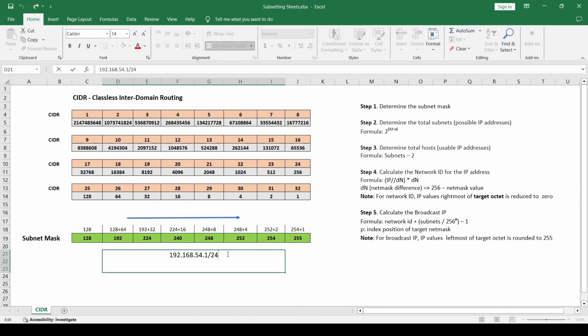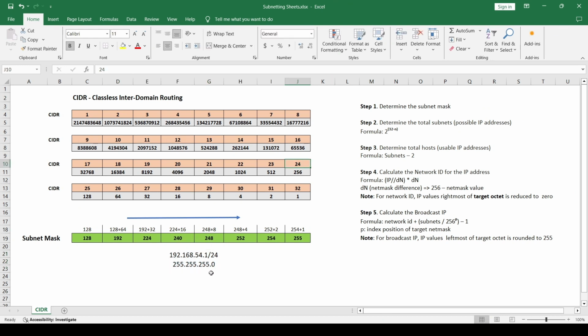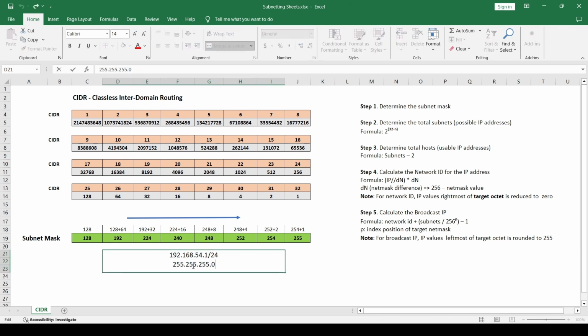So in this case, our subnet mask is going to be 255.255.255.0. Why is this so? Because 24 bits have been reserved for the network. What does that mean? It means the first 8 bits are filled up, which amounts to 255.